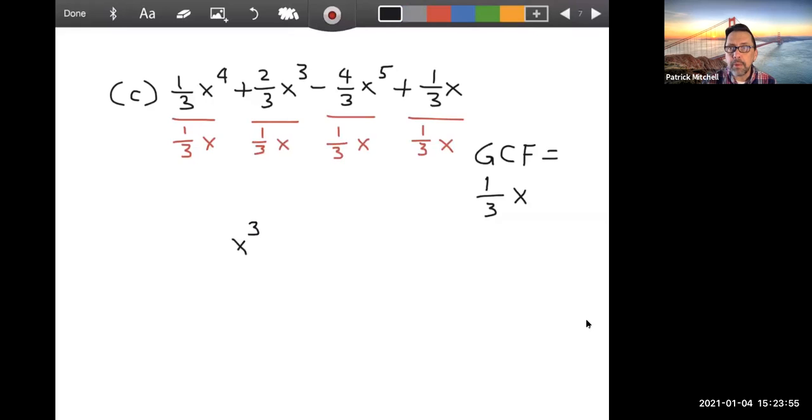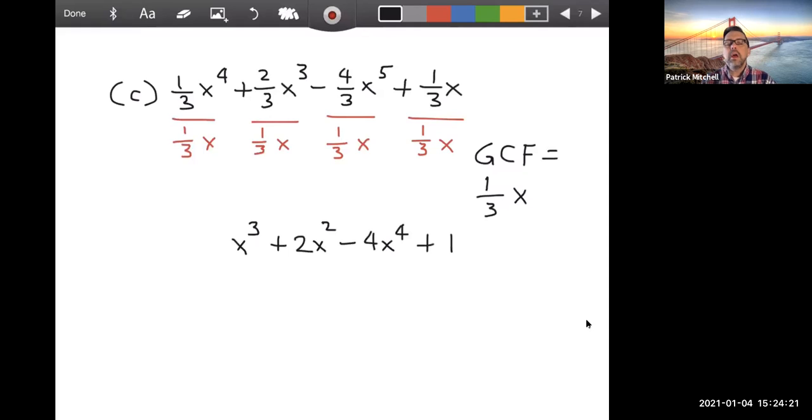That's something that you might want to pause the video and think about. So what I'm going to get out of this second term is 2. And then x to the 3rd divided by x is x squared. -4/3 divided by 1/3 is -4. x to the 5th divided by x is x to the 4th. And then 1/3 x divided by 1/3 x is 1.